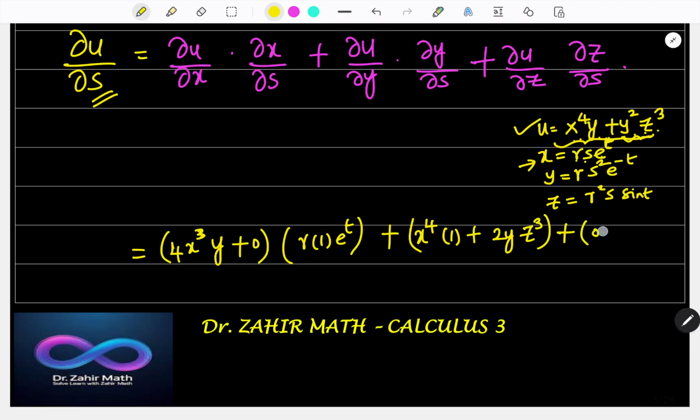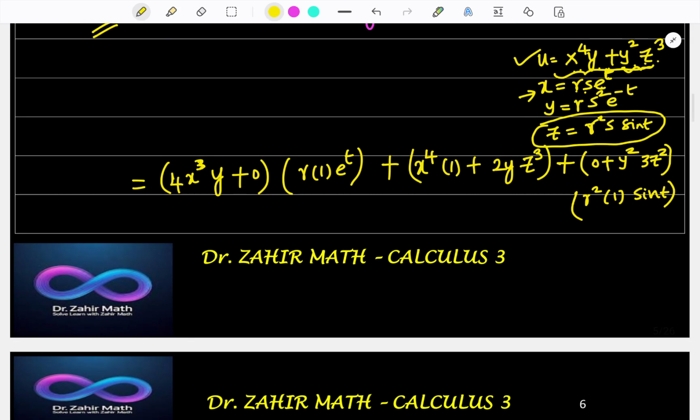You will get 0 plus y square 3z square. And then dou z by dou s. So you're going to differentiate this one with respect to s. So r square will be as it is, s derivative is 1, and then sine t. In the product you can keep all the terms nearby. In the plus, it will be 0. Keep in your mind, we have a product now.